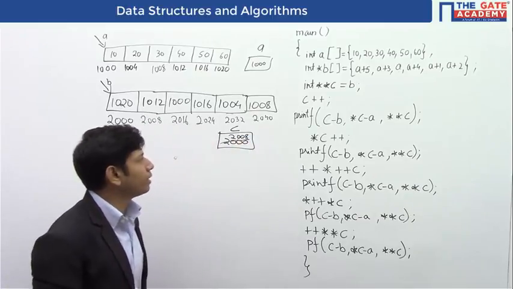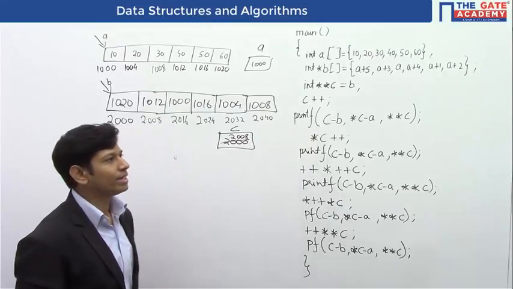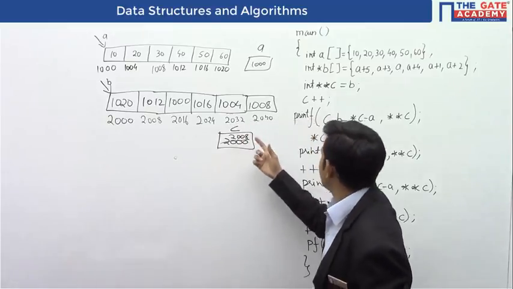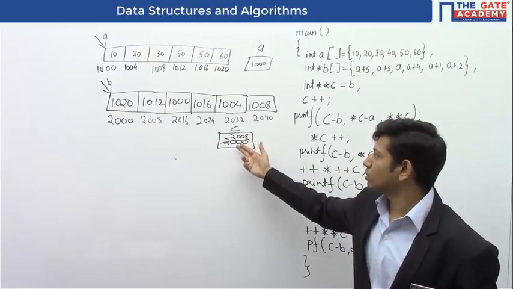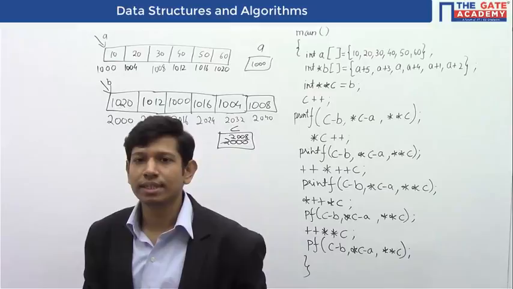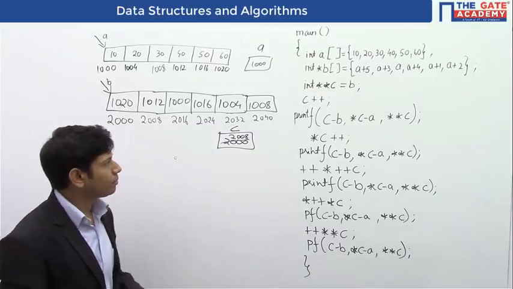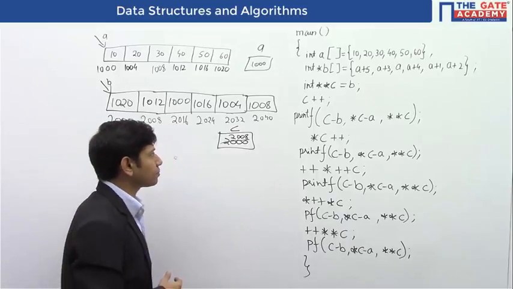Next, what we are doing here is printf c minus b. So what is c minus b? C is storing the address, which started with 2000 and was incremented to 2008. So now C is a memory address, and B is also a memory address.